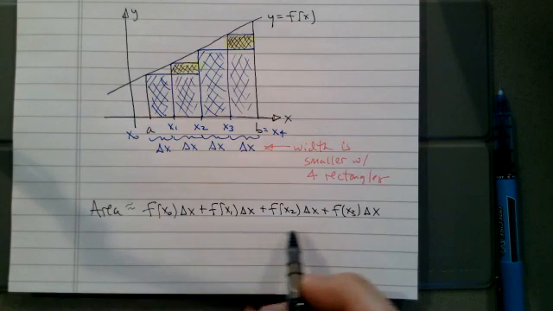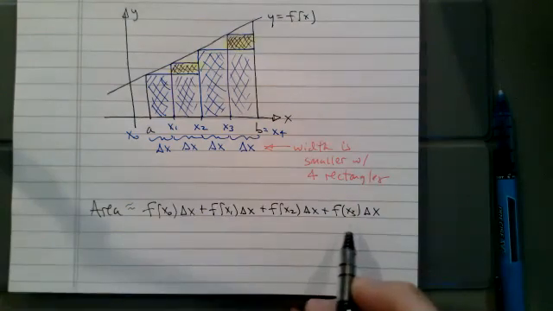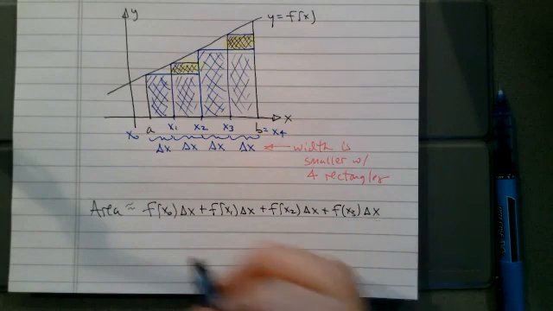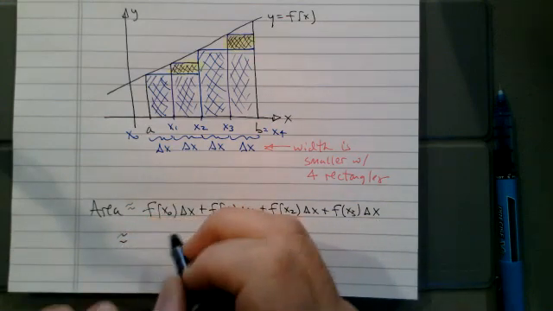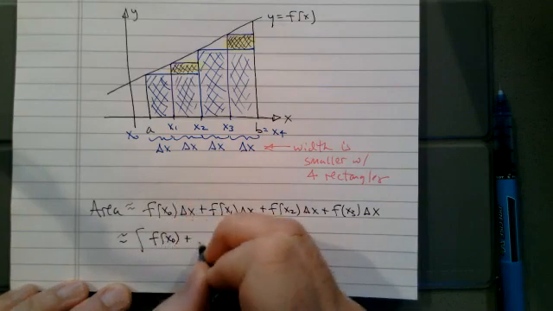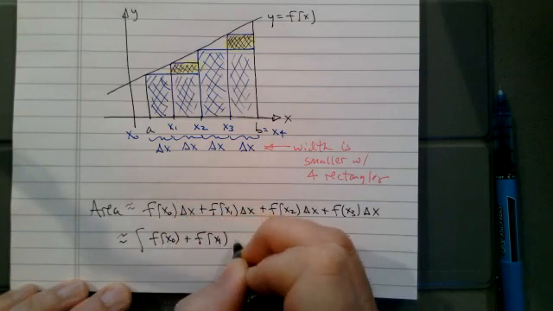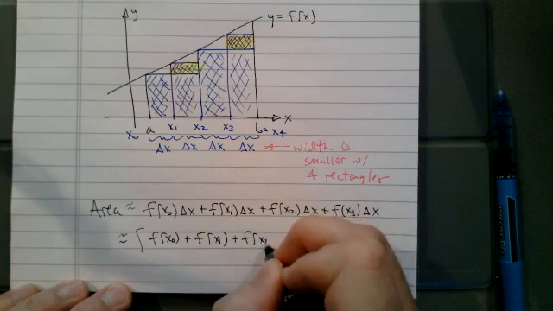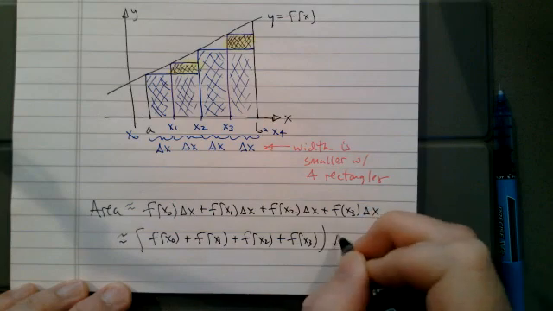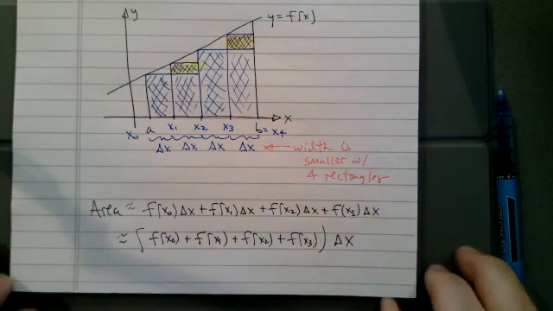One thing that we want to notice down here in our sum is that there's always the width of the interval showing up as a common term. So we want to see what we're doing. We're evaluating the function a bunch of times, and then we're multiplying by the width of the interval.